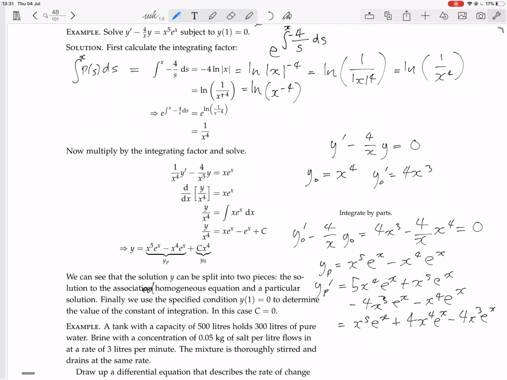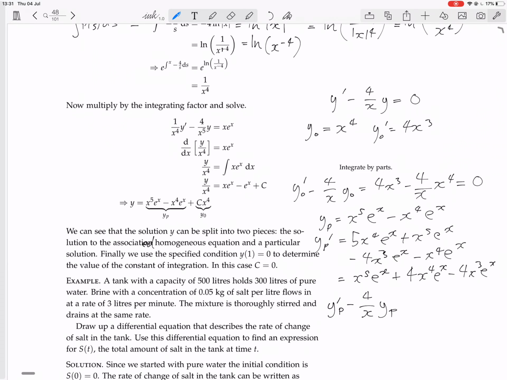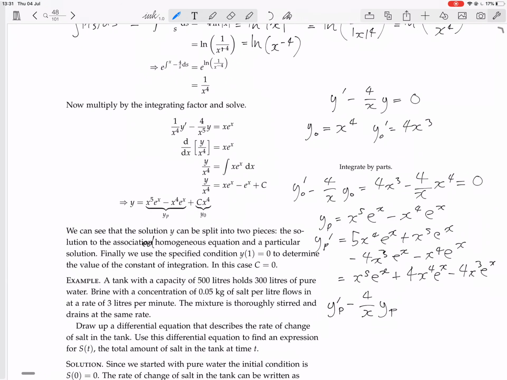Okay, so then that means yp dash minus 4 over x times yp, because the differential equation is y dash minus 4 over x times y equals the right-hand side. yp dash then is x to the 5 e to the x plus 4x to the 4 e to the x minus 4x cubed e to the x.